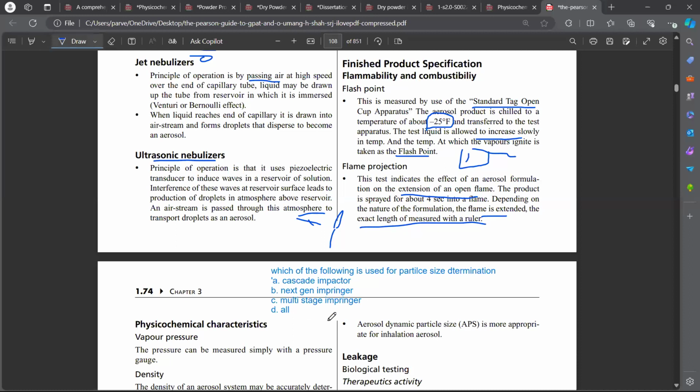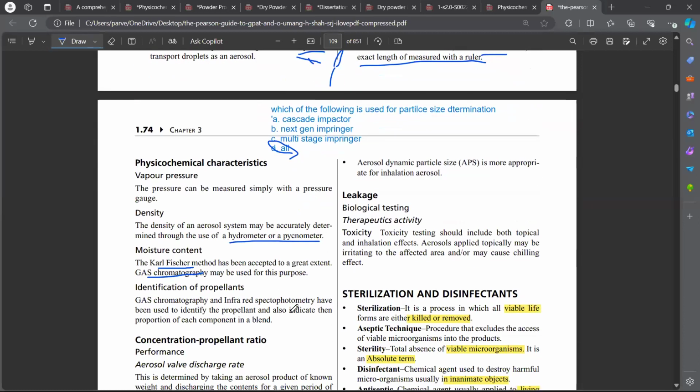Great. So all these equipments are used to determine the particle size in the aerosol formulation.